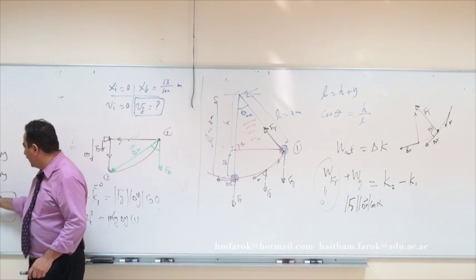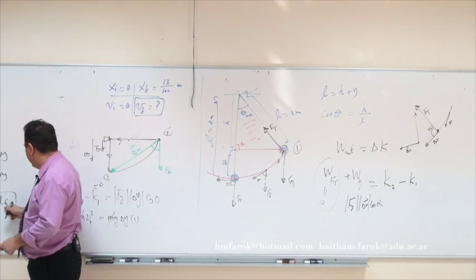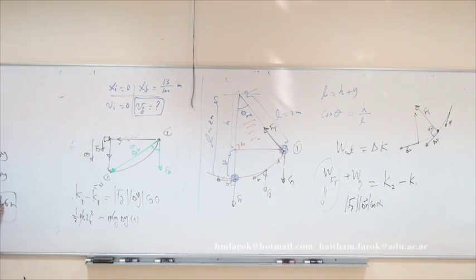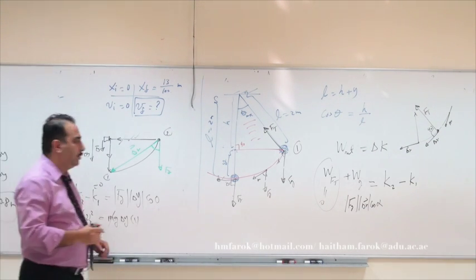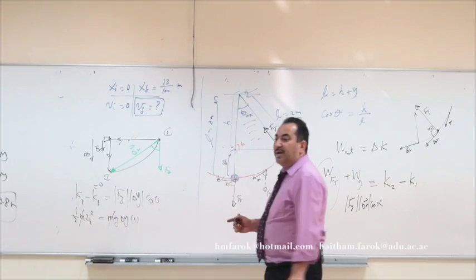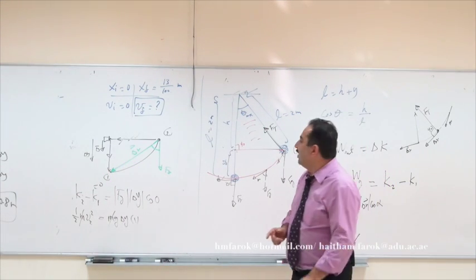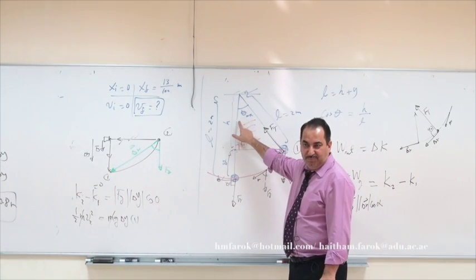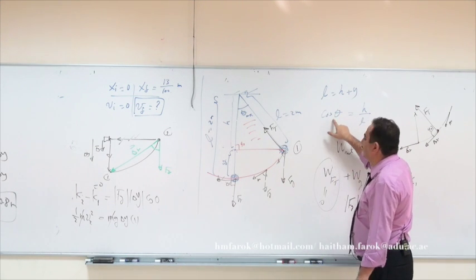This is 10, 20 over 2. So it's 0.8, yeah? Nearly. Don't forget, what was the question? Find theta max. To find theta max, what do you need?